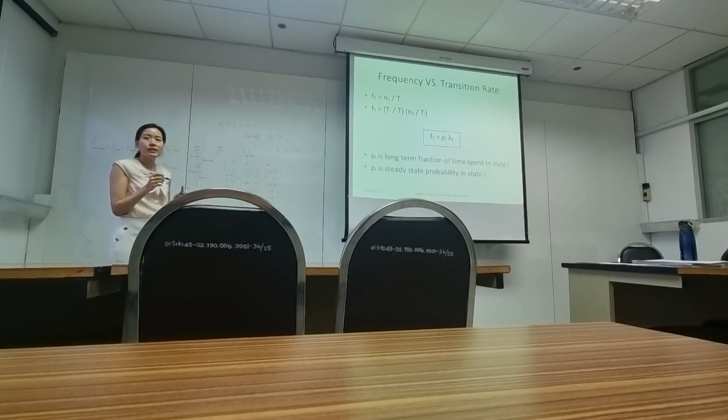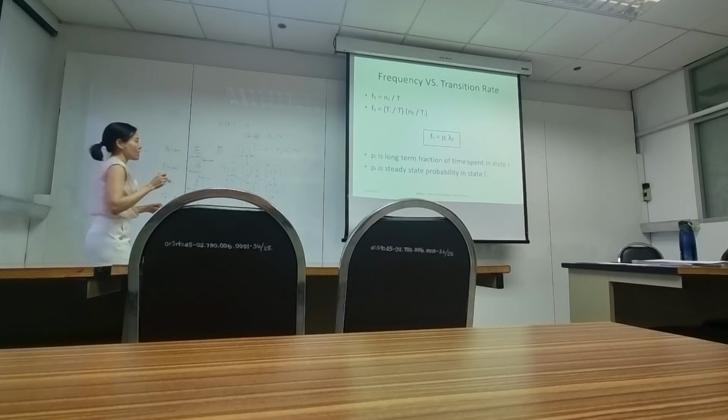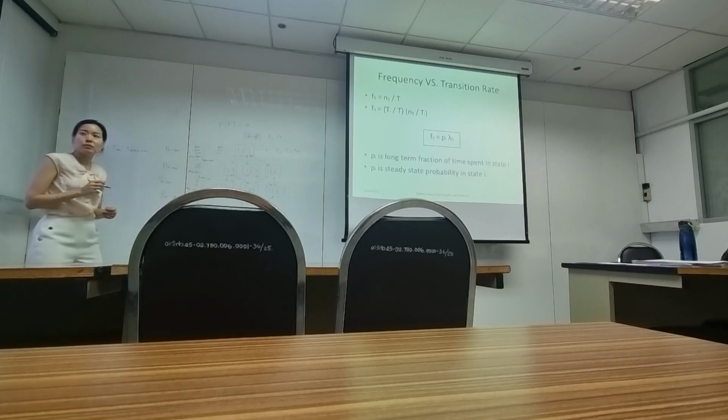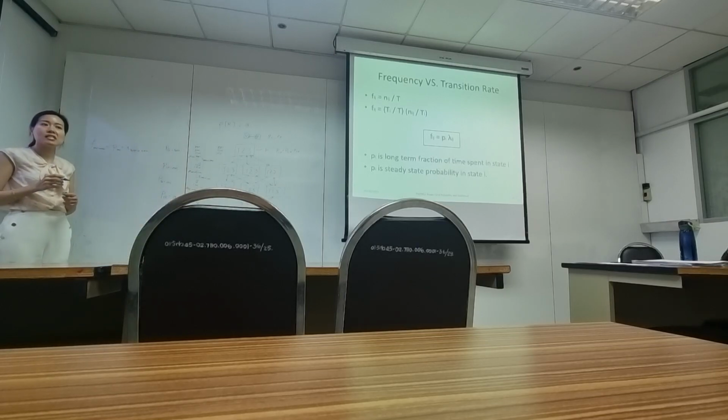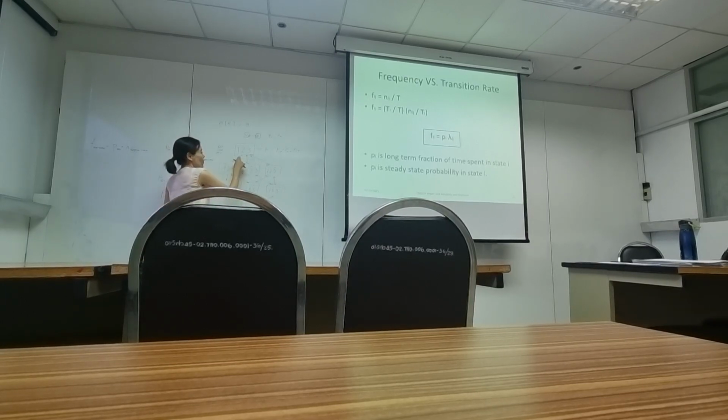How do we do the frequency? Remember, first thing is always draw the boundary. I recommend you draw the boundary because you remind yourself how many transitions it has, count it, so you make sure that you don't miss anything. Okay, so you know that this is just a transition. So you have the probability here multiplied by the rates here, here multiplied by the rates here, here multiplied by the rates here. Okay?